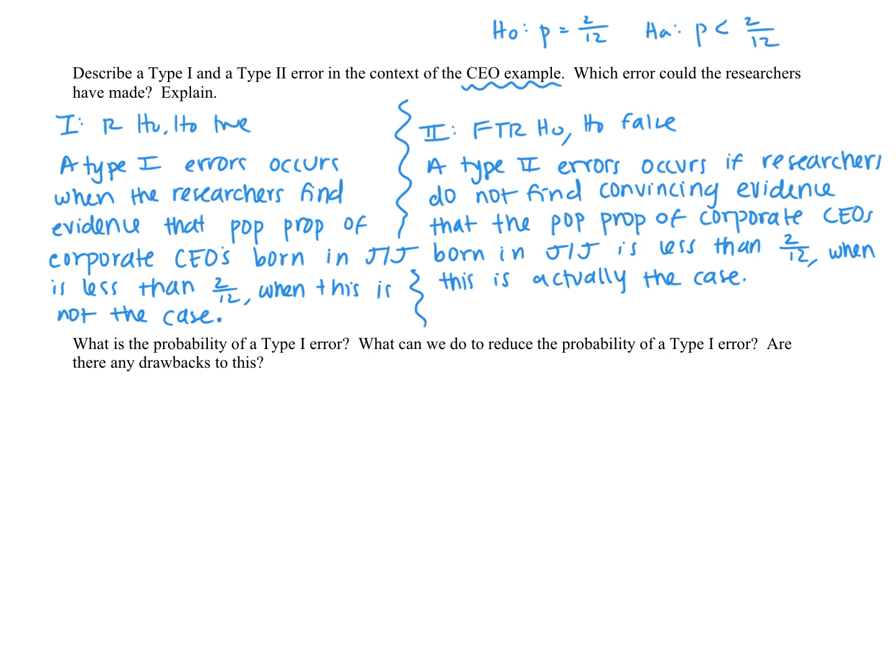Okay, a few last things to talk about. The probability of a type 1 error is alpha. And it's the alpha that we've been talking about, the significance level.